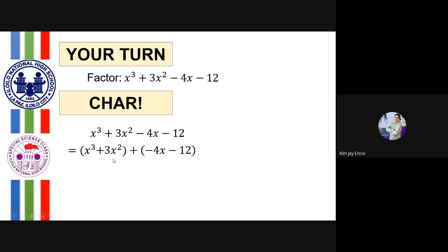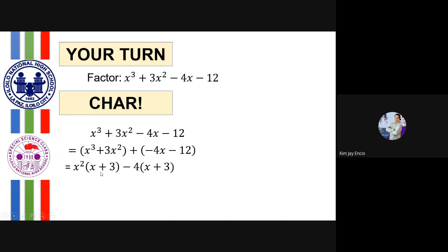The GCF of the first group is x squared. So factoring out x squared, we have x squared times a quantity x plus 3. In the second group, we could factor out negative 4. And what is left inside is negative 4 times the quantity x plus 3.